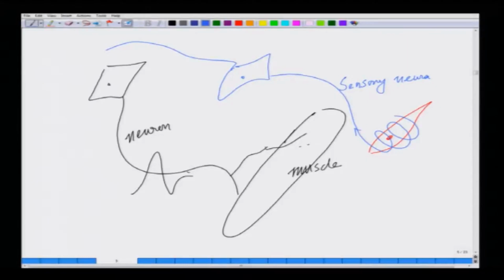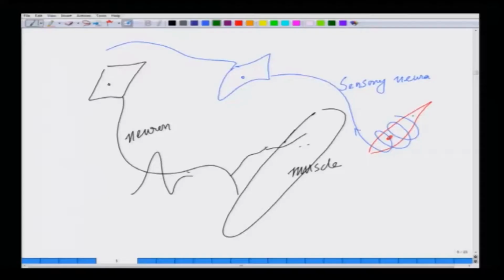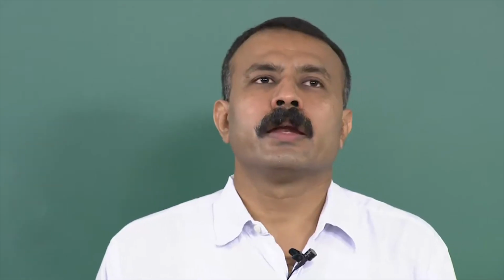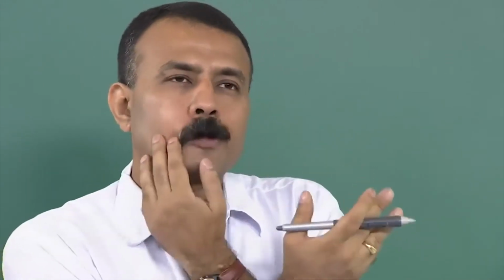So, this transduction out here, let me show it in green. How this signal, how this change in length is being conveyed, is not clear. It is really tricky to understand how this information from the muscle spindle is transmitted to the sensory neuron.